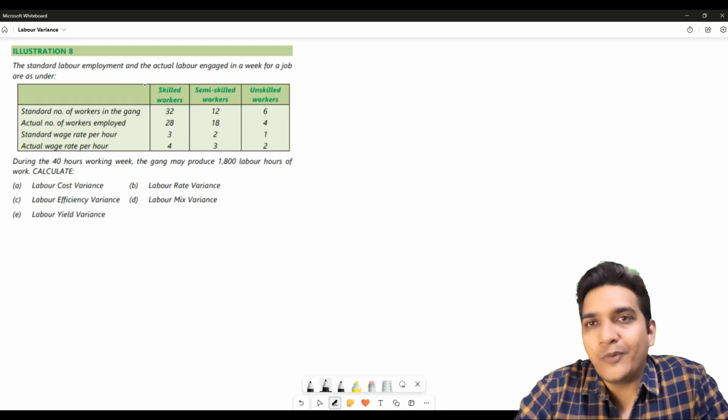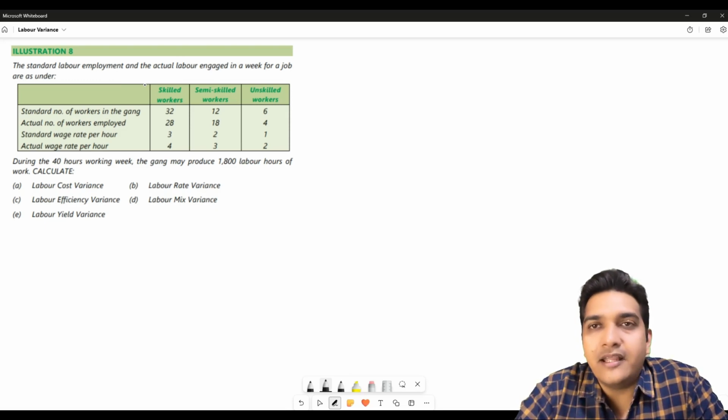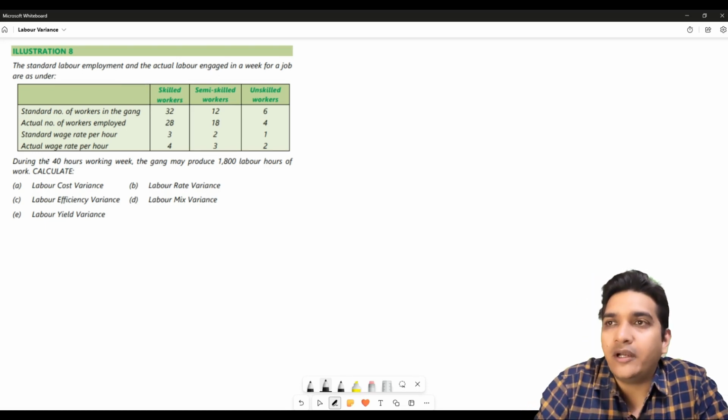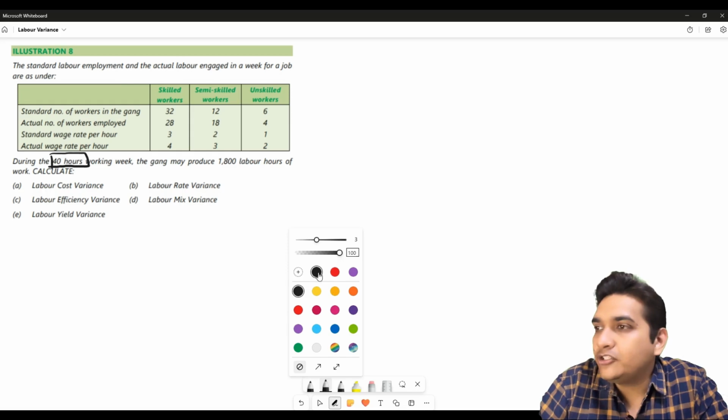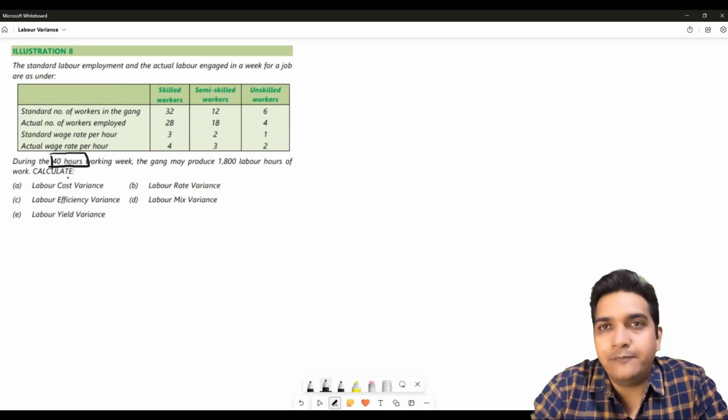So, in the problem, they do not state what the standard hours are or what the actual hours are. Instead, they give the standard number of workers and the actual number of workers. Further, they say that in a week they worked for 40 hours, right? So this 40 hours is not the actual hours; it is the number of hours a worker has worked in a week.